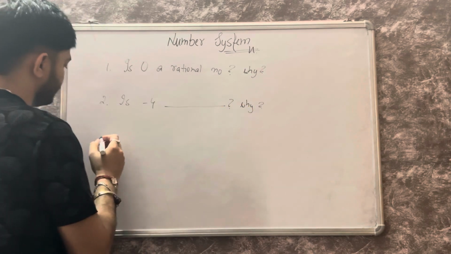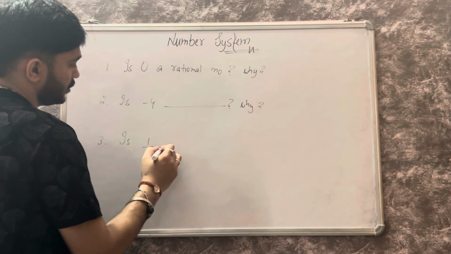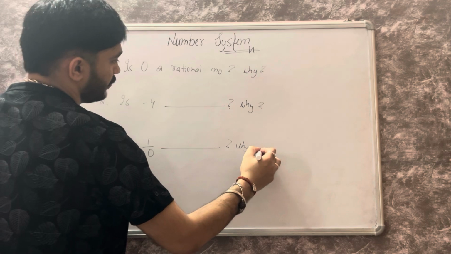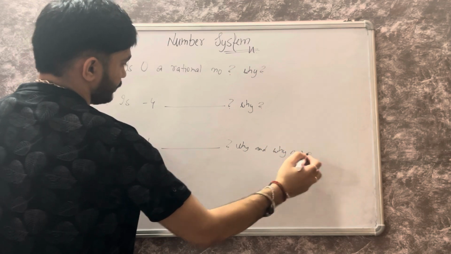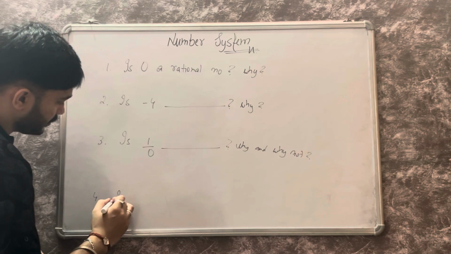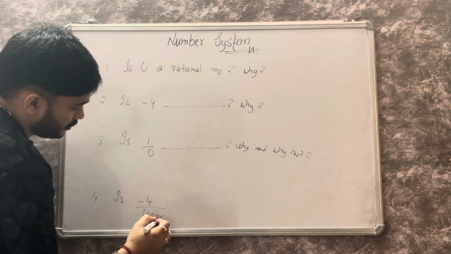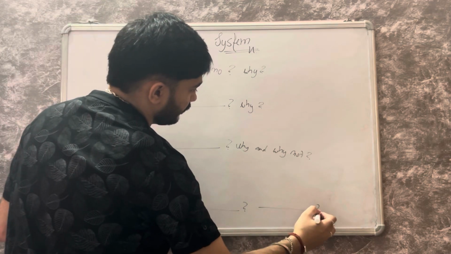Why? Third, is 1 upon 0 a rational number? Why and why not? And the last is, is minus 4 upon 10,000 a rational number? Why and why not?